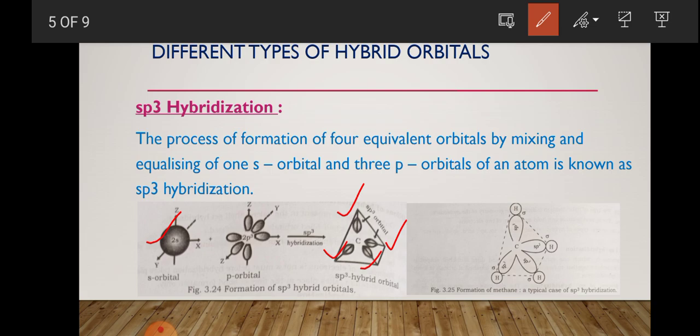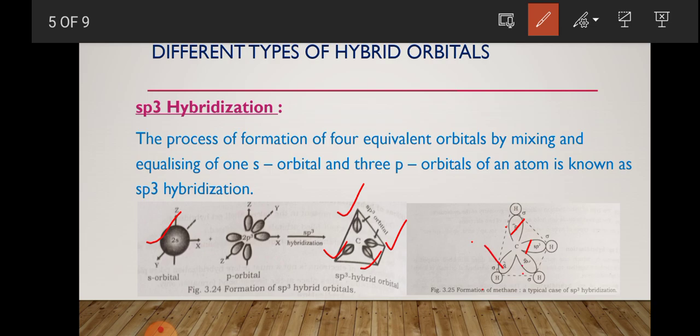For example, formation of methane. Look at this figure. Formation of methane. Here, carbon with sp3 orbitals combined with one s orbital of four hydrogen atoms to give methane. That means carbon with four sp3 orbitals: this one, this one, this one, and this one.